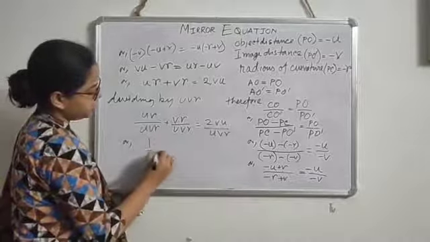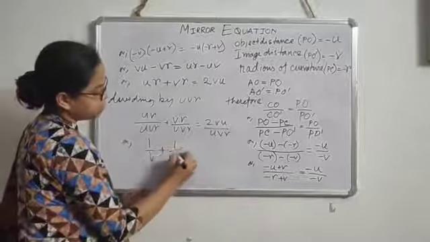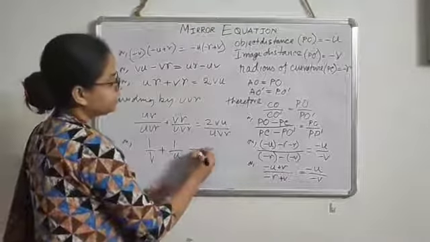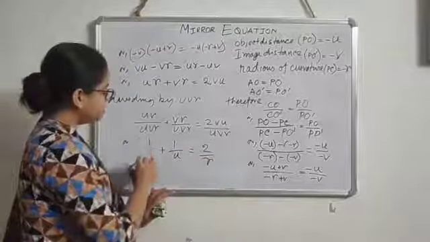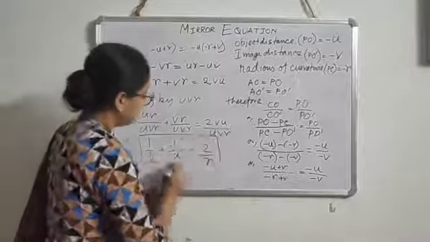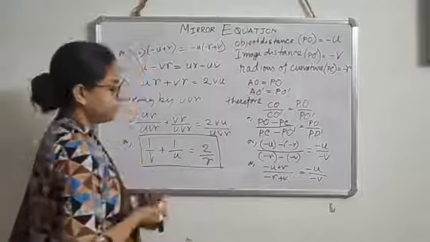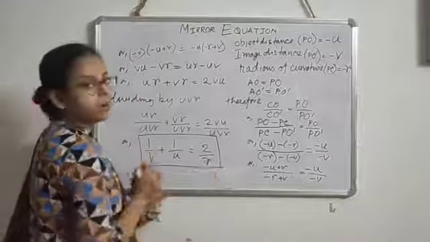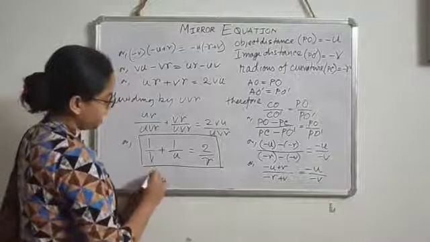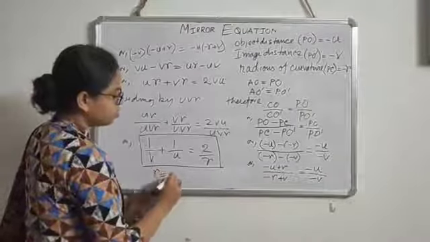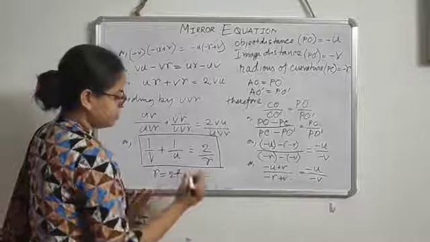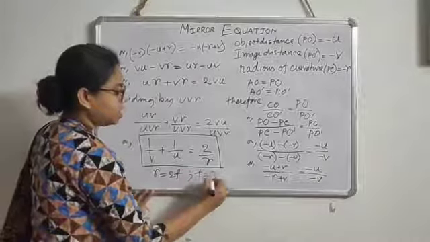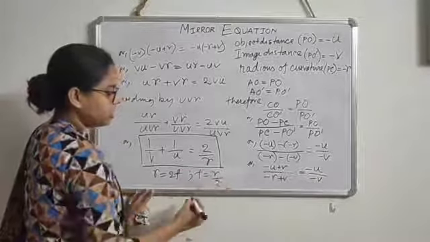1 by V plus 1 by U equals to 2 by R. Okay. This is the mirror equation. We can replace the R part with F. We know that R equals to 2F. So, F equals to R by 2. Okay.